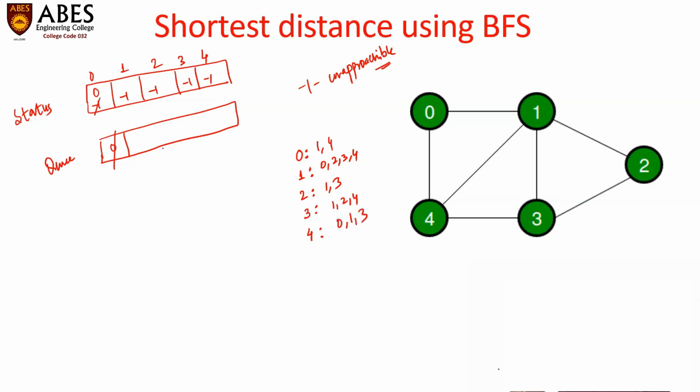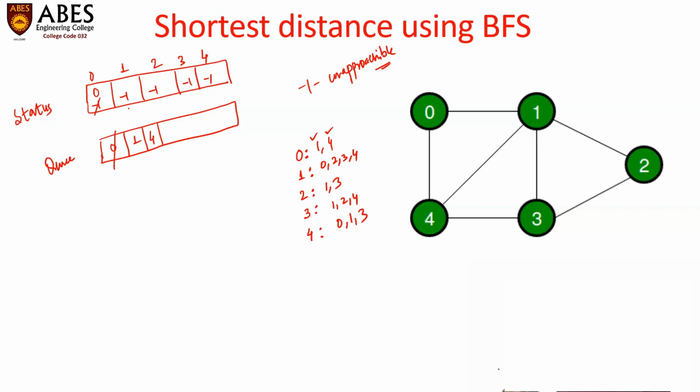So we're going to see the connections from 0. The connections are 1 and 4. These 1 and 4 have not been explored earlier. -1 is indicating that they have not been explored earlier. If this value was 0 or something positive, we could have said that these vertices have already been visited. Since these have not been visited earlier, we're going to push them on the queue, and we will set their distance in the status.